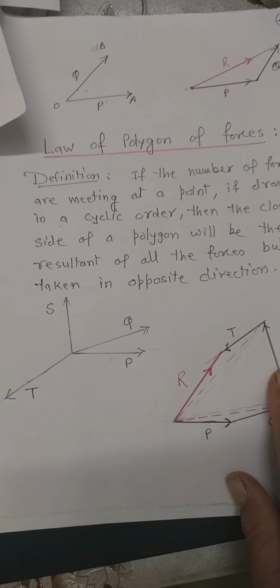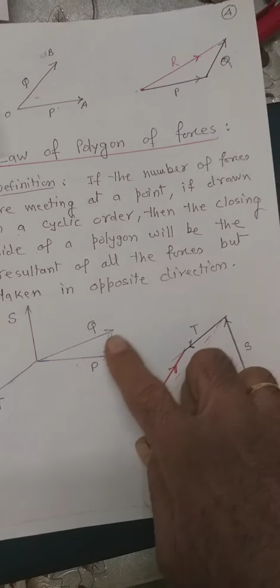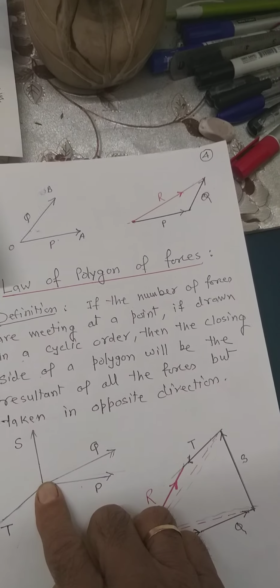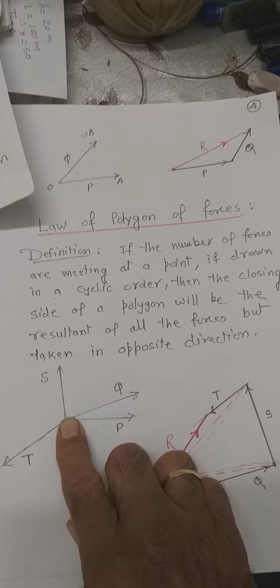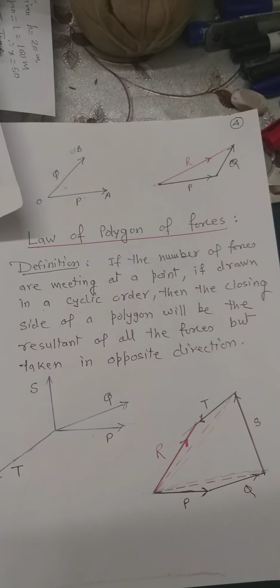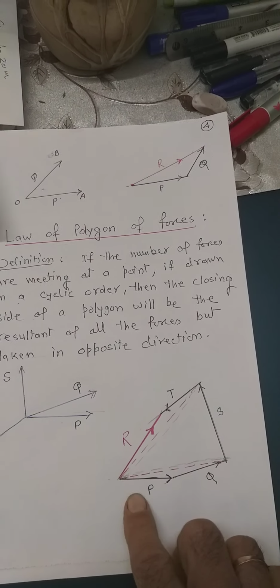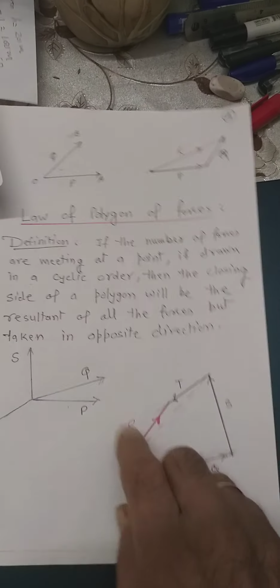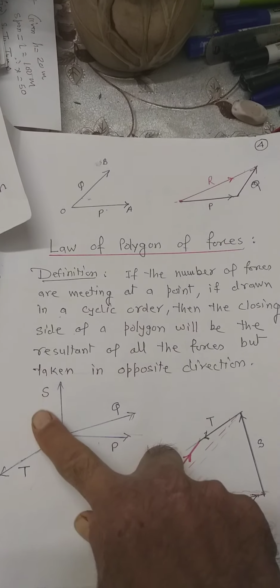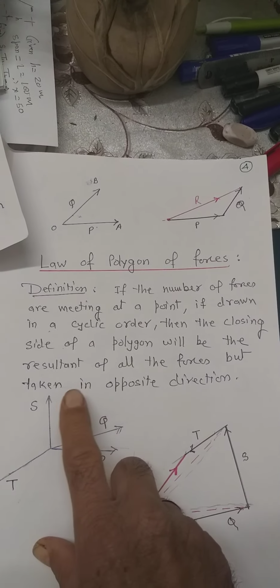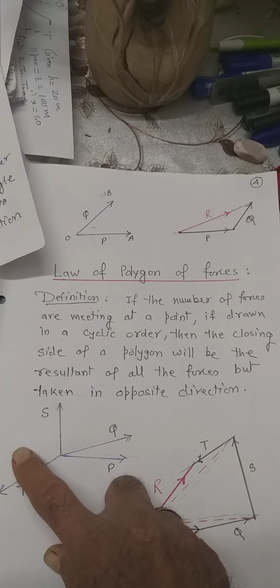Just like in this problem, there are P, Q, S and T, the two forces, the third force and the fourth force. All four forces are acting at this point. Now I will start from this point. This is parallel to this. Second, I am going in an anti-clockwise direction. So secondly I will consider this force, then thirdly this force, and the fourth one.